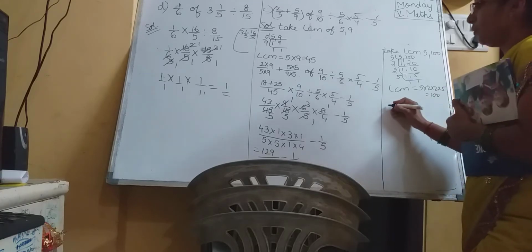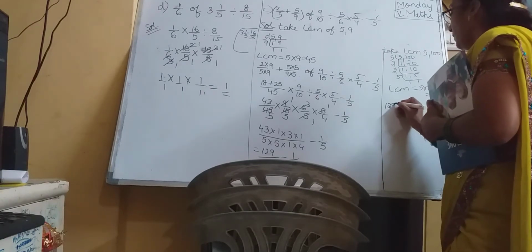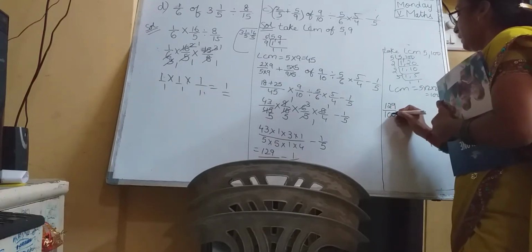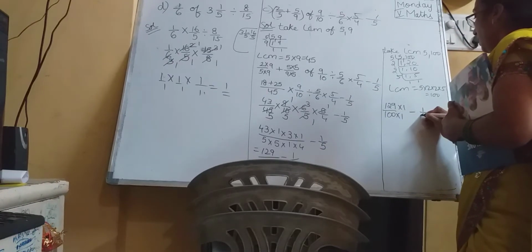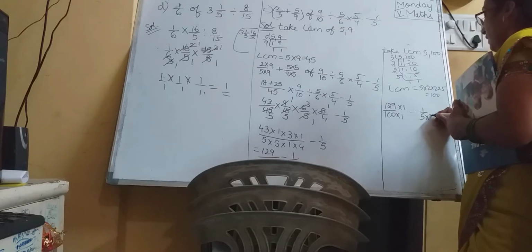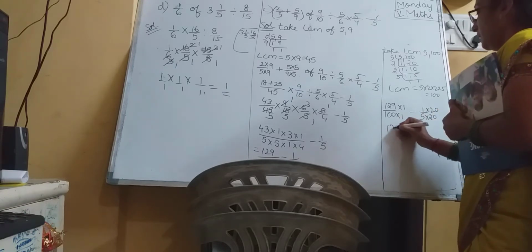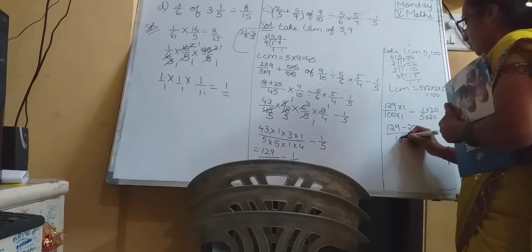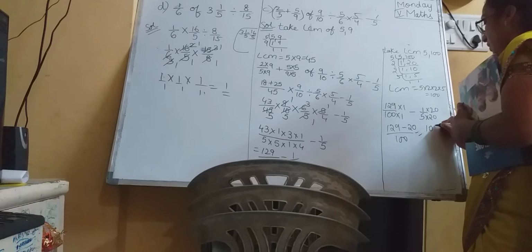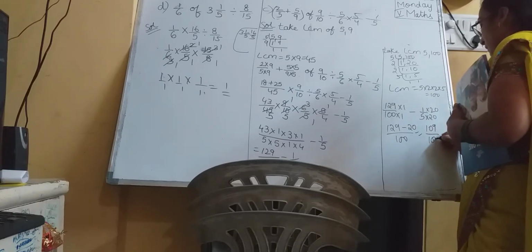Okay children, now 129 by 100, minus 1 into 20 by 100, since 5 twenties are 100. Now 129 minus 20 by 100. What are you going to get? 109 by 100. This is your answer.